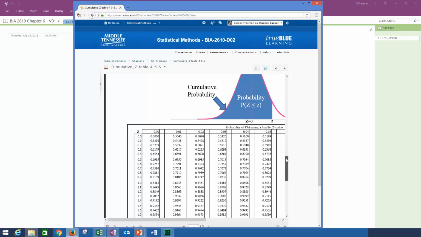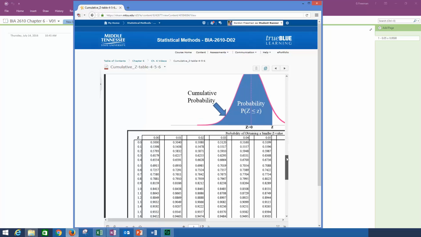0.9295. All right. So right in here, we're looking for 0.95. Now we have 0.9484, 0.9495, then 0.9505. So 0.95 is between 0.9495 and 0.9505.